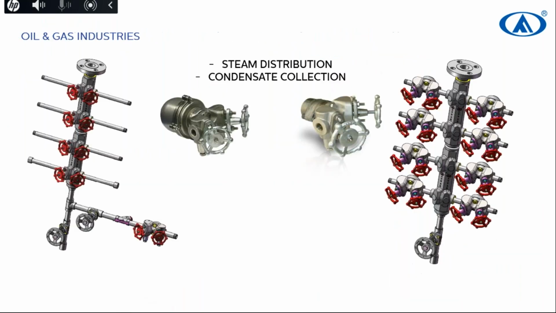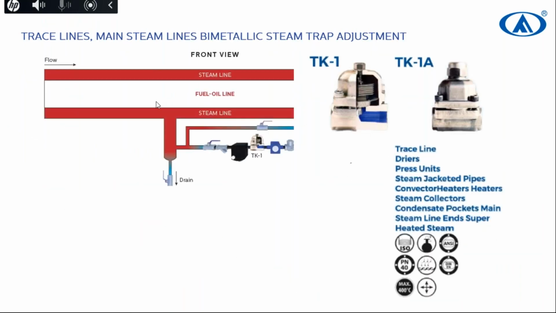Because in some cases, especially in steam fuel oil lines, trace lines, or if you use this TK1 instead of a thermodynamic steam trap, or if you want more discharge capacity, you can use it with 20 degrees Celsius temperature differences.